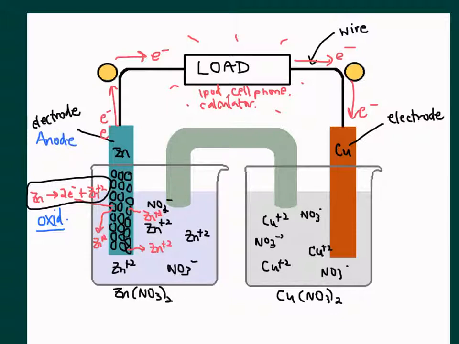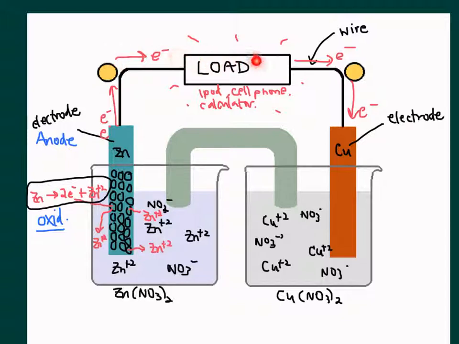Okay, so at the anode, our atoms in our anode lose electrons, they become oxidized and become an ion. Those ions just break off and float around into the solution, and our zinc, or in this case our anode, is going to shrink because we're losing solid zinc from it. So that anode's actually going to wear down.